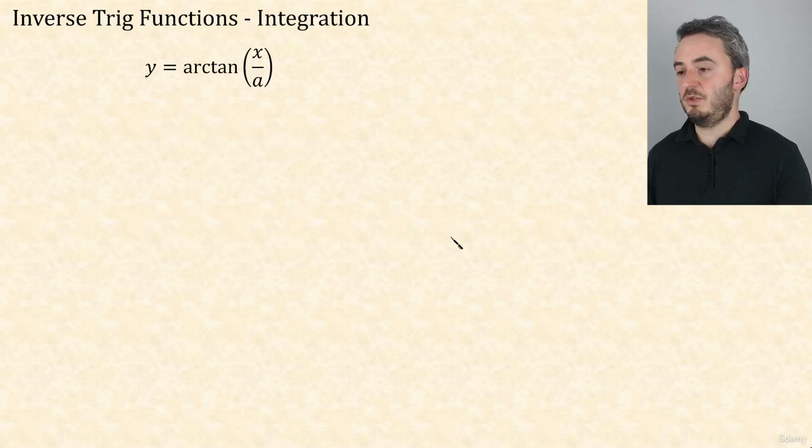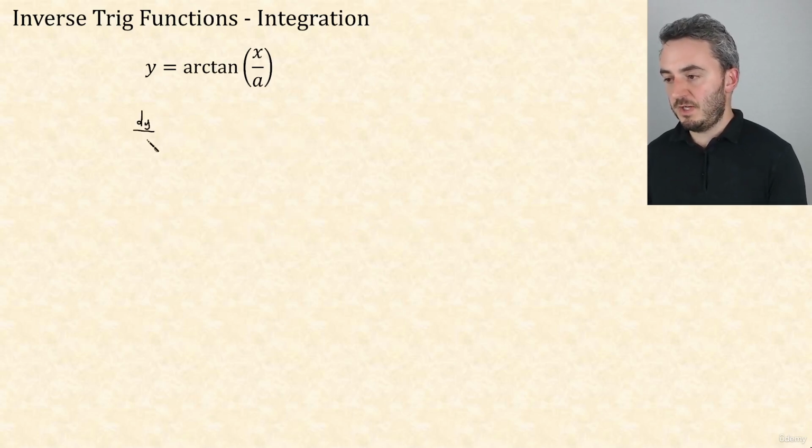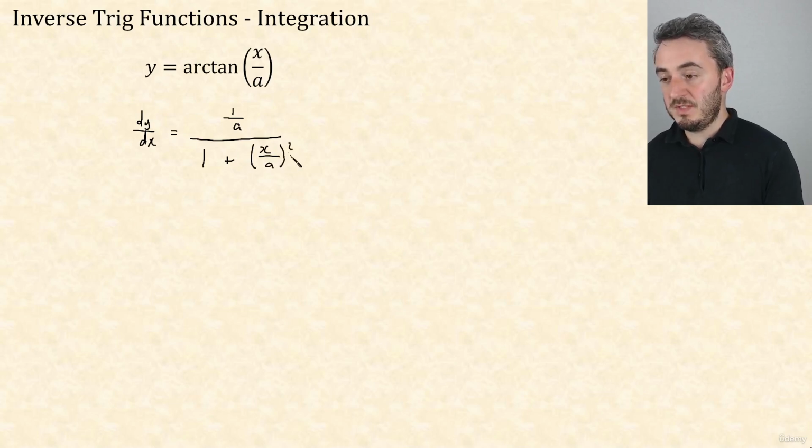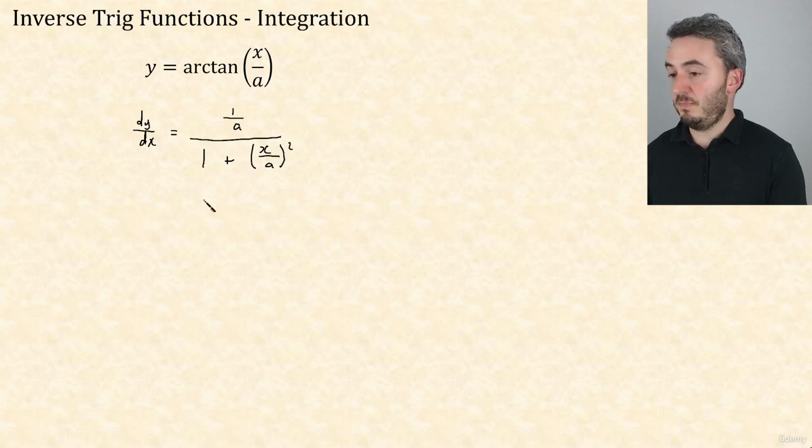Okay, let's do a similar trick for arctan as well. By the chain rule, this is the derivative of this, 1 over a, divided by 1 plus this thing squared. And this one's a little bit more straightforward. You can simply multiply top and bottom here by a squared in this case.